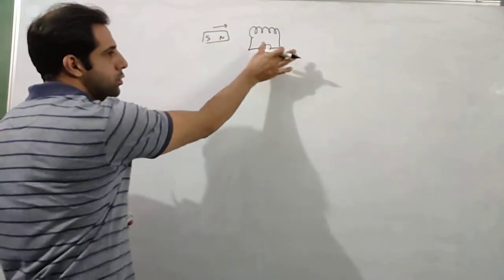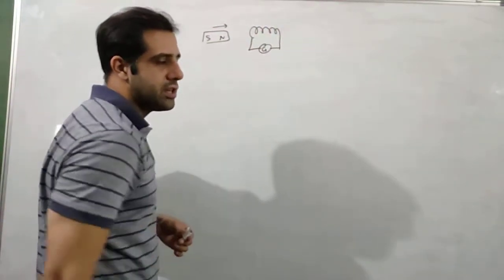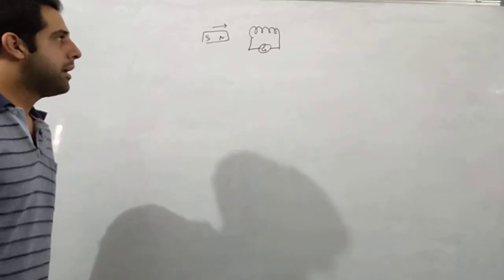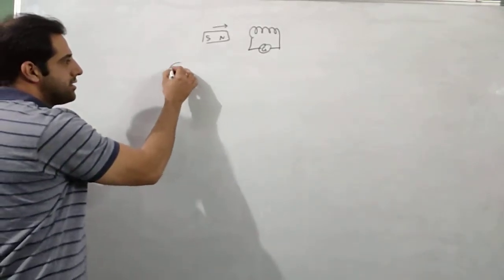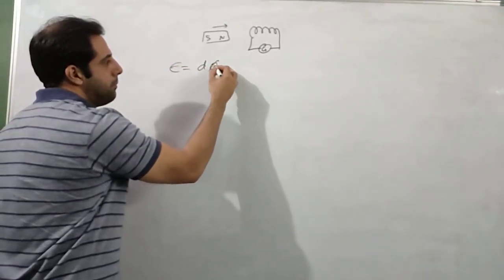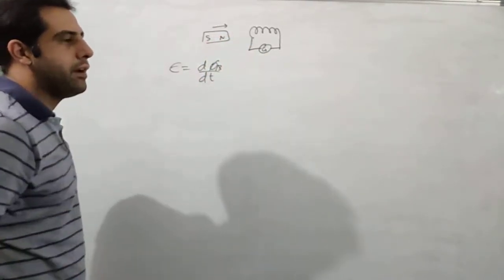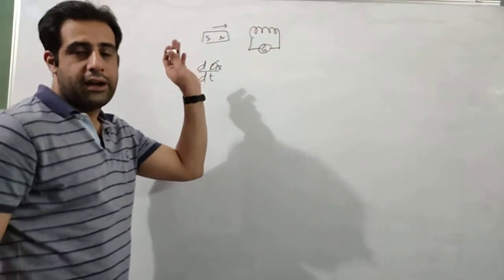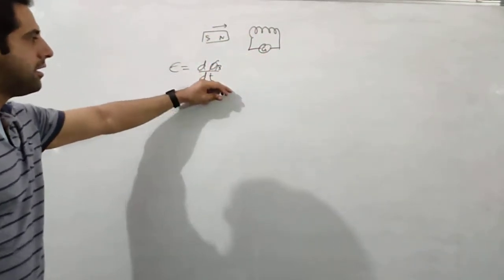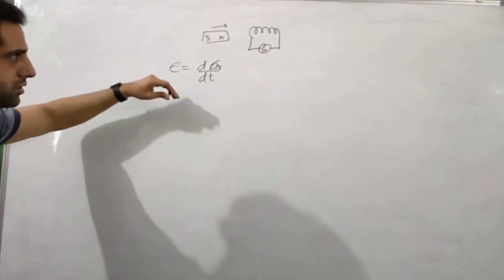So if this magnet is moving towards the coil, there will be an induced EMF and induced current in the conductor. And the second law stated that this induced EMF depends upon the rate of change of flux, the rate at which the magnetic field lines linked with the coil are changing. That will decide the magnitude of induced EMF.